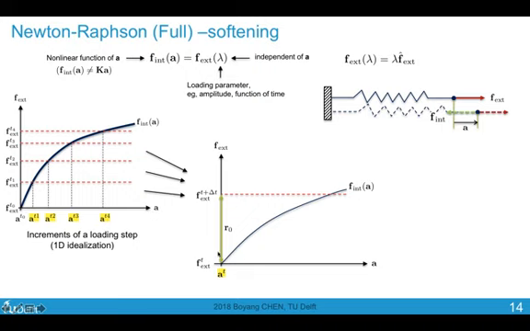Then, because I know this point fully, I can calculate its gradient. Dividing this residue by this gradient, I can get a correction for the displacement. This is called the first iteration correction. And then I can find the corresponding internal force at this correction. So there is a new residue. This is the residue after the first iteration.